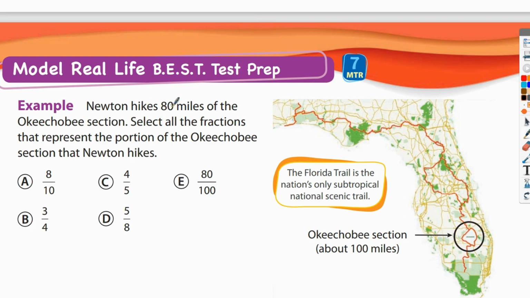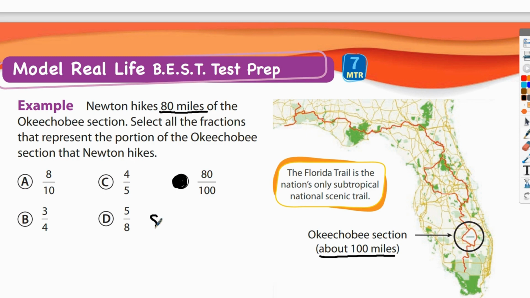So he hikes 80 miles of the Okeechobee section. The Okeechobee section is about 100 miles. And he hikes 80 miles of that. So, what are all the fractions that could represent that? Well, I know for sure he did 80 out of 100.